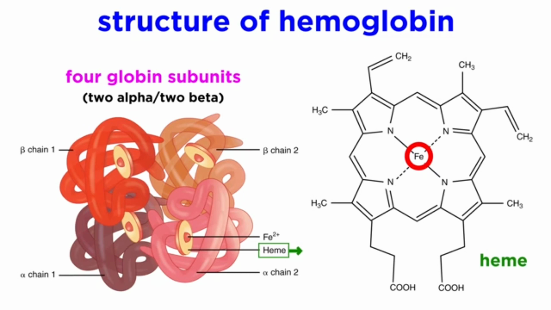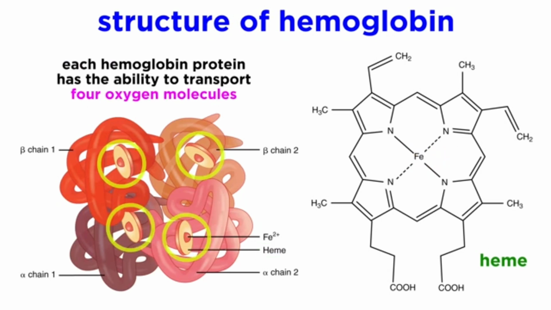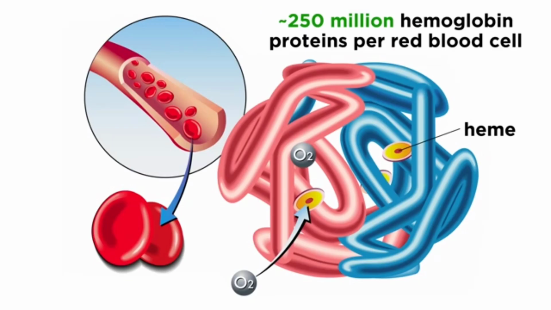The iron in this heme is able to bind to oxygen molecules in a reversible fashion, so that it can bind and then release when necessary. So each hemoglobin can bind 4 oxygen molecules, and there are around 250 million hemoglobins per red blood cell. So one red blood cell can transport 1 billion oxygen molecules.